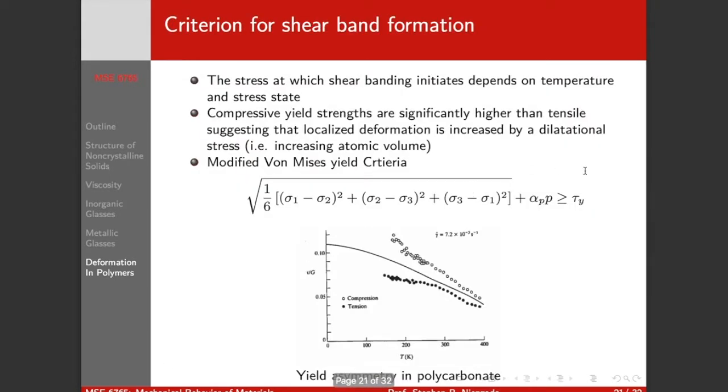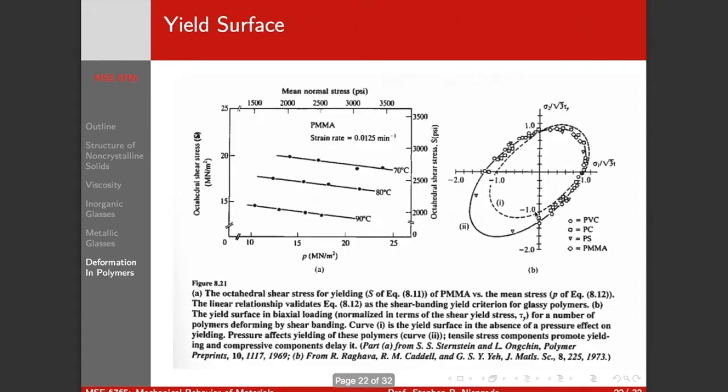So this pressure-dependent term, right? If we have a tensile load versus a compressive load, it's going to shift. For a tensile load, this is going to bias the yield surface in one direction. For a compressive load, it's going to bias it in the other, making this ellipse not exactly centered. It's going to shift on this axis, right?